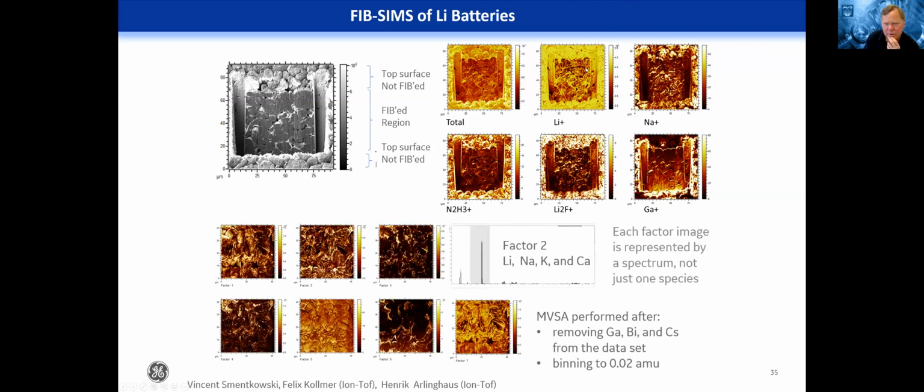And as mentioned, for the 3D depth profile, we were able to take the full measured data set, run multivariate analysis, and get the distribution associated with the different factors. And factors here have a molecular signature, so more useful information than we could get with just manual analysis.